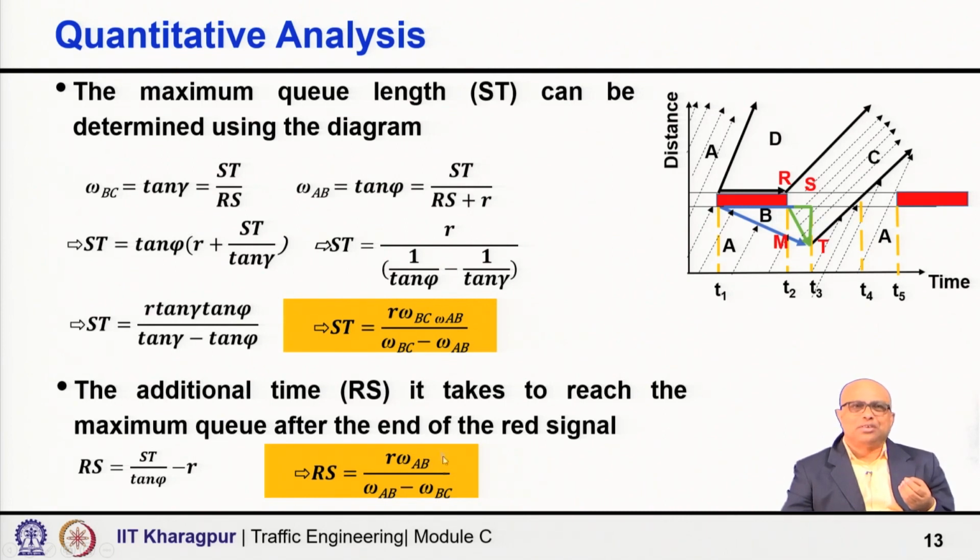It is a simple calculation you can follow; I am not telling each and every step. So, from this diagram we can calculate St and Rs: what will be the maximum queue length and how much time it will take, once the signal becomes green, to clear that queue.